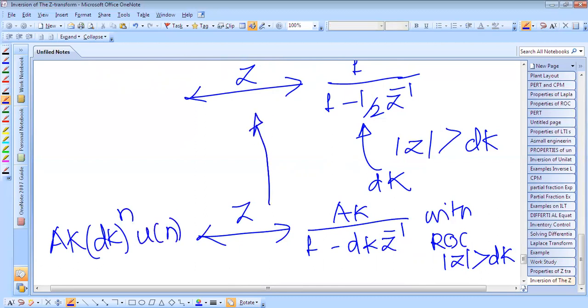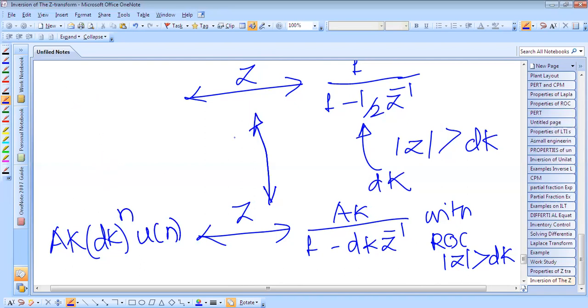If you compare, both are the same. Here the ROC is also greater than dk. So we can take the help of this general form and write the inverse of this first term. What is Ak here? Ak is 1.